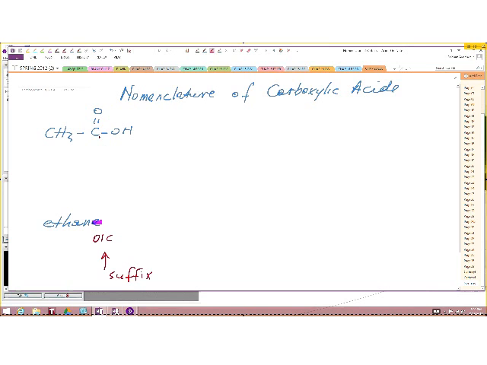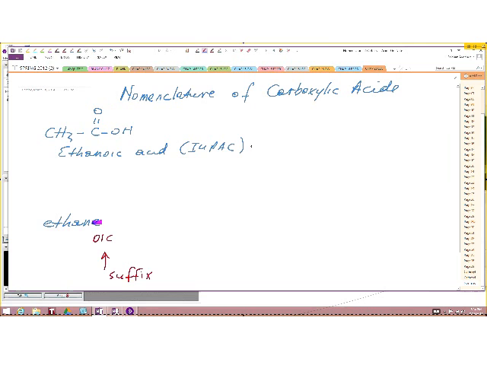So therefore, what will be the IUPAC name for this molecule here? What is it? Ethanoic acid. Very good. That would be the IUPAC name.